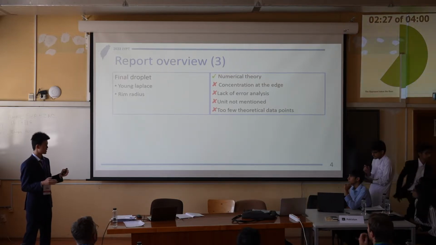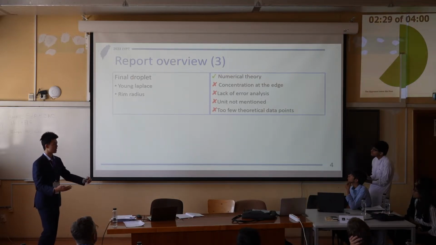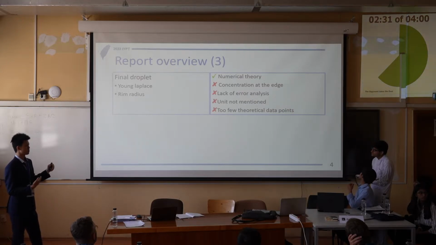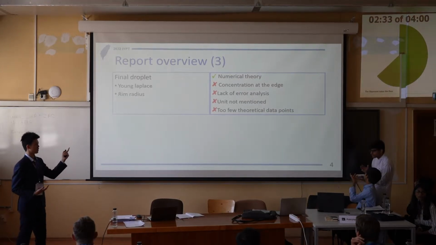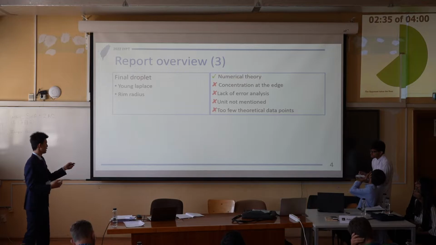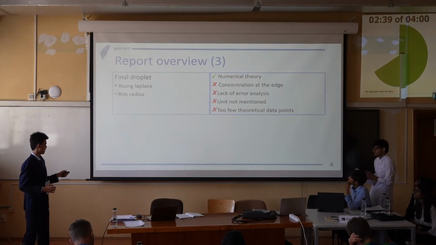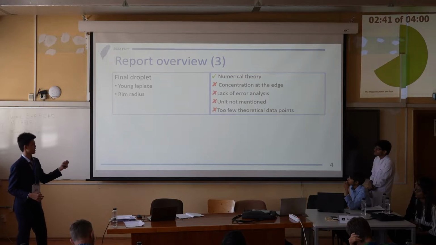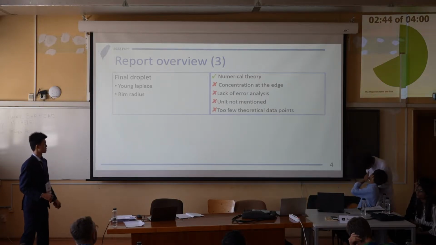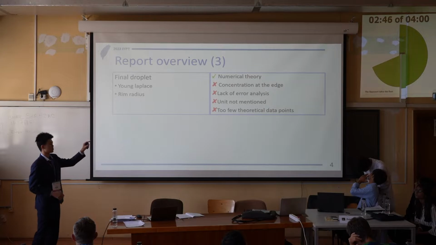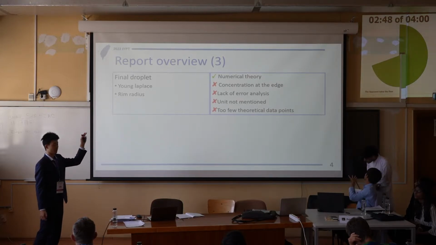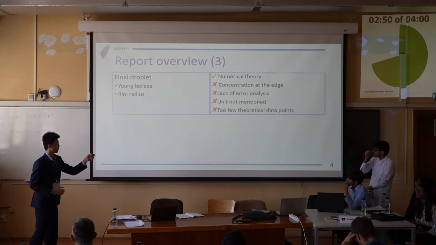But they didn't actually measure the concentration at the edge, so the calculations might be a little bit different. The value was taken from literature. They didn't confirm the concentration. There's a lack of error analysis. And the unit for the plot of the final droplet size was not actually shown. And there are too few theoretical points, so we think that's the reason why it didn't render a smooth curve.